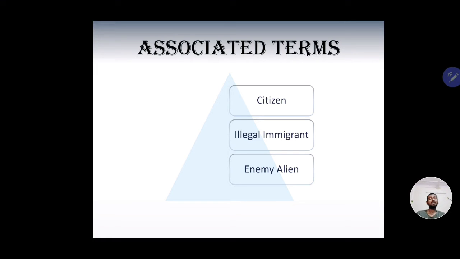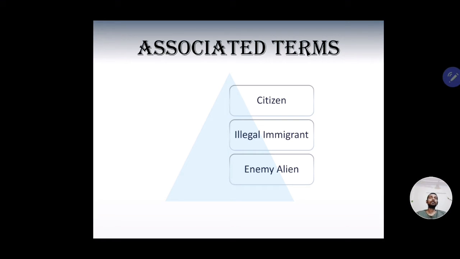So for example, if India is at war with, say, country X, so citizens of country X will be enemies of India, and they will be treated as enemy aliens. They have the least number of rights in India, as I already said. Article 22, which talks about preventive detention, is not available to enemy aliens.